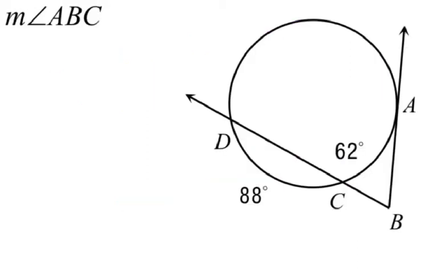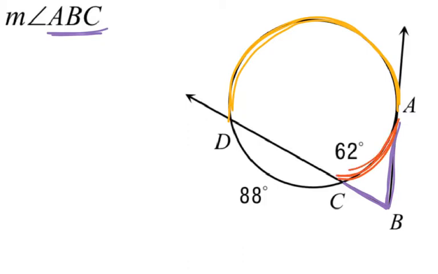Alright, so we're going to do some more problems, but it's basically the same thing. Okay, so I'm trying to find angle ABC, is this angle. It's going to be equal to half of the big arc, it's not labeled, but we know how to find it, minus the little arc. Okay, so if I do 360 minus 62 minus 88, I get that this arc over here is 210, and now I have enough information to do it.